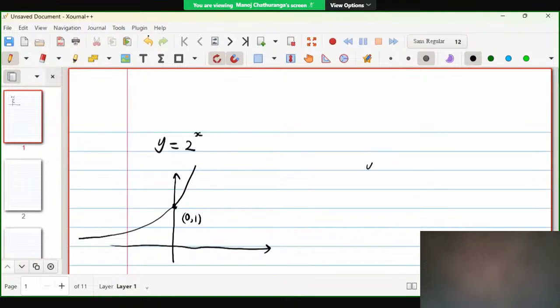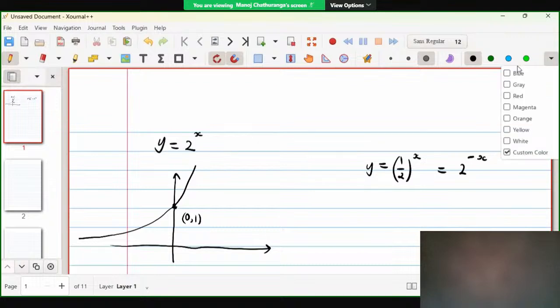Now, to find the graph of (1/2) to the power x, which is 2 to the power minus x, you need to change positive x to negative x. So you take this and you need to make it a negative number.